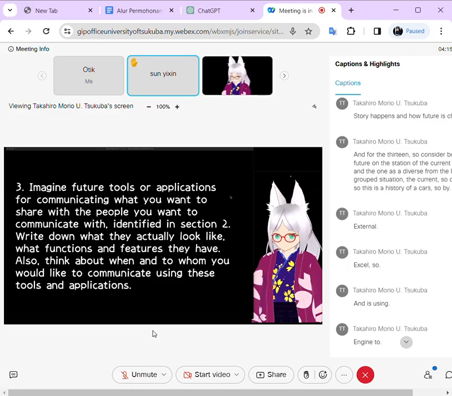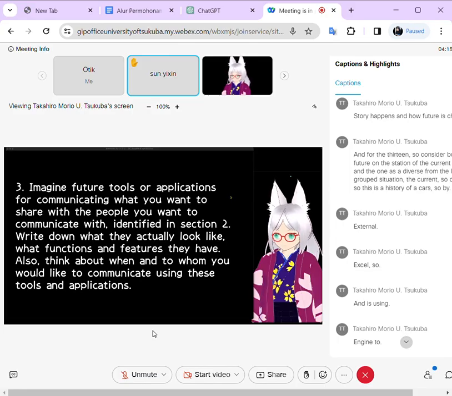I think we can invent a headset that we can wear on our head, and this headset can grasp our brain waves. Actually, I have used this kind of headset in my work.